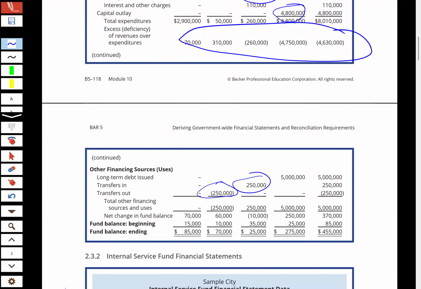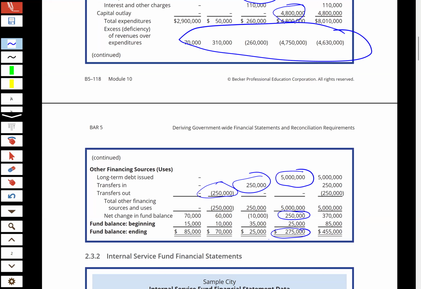Keep my column straight, okay? And then you can see that when long-term debt is being issued, that's being treated as an other financing source. And so when we have our net change in fund balance, that's increasing our fund balance and then generating the ending fund balance once we add that to the beginning fund balance, et cetera.